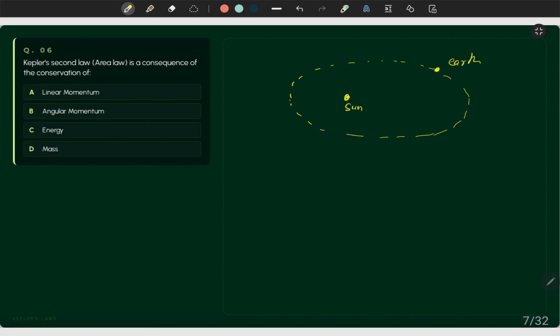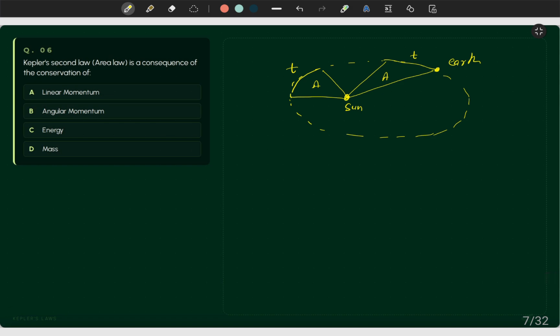So Kepler's second law states that the area covered by this line in equal intervals of time t, and similarly over here, if these two areas are covered in the same time, then both areas will be equal according to Kepler's second law.